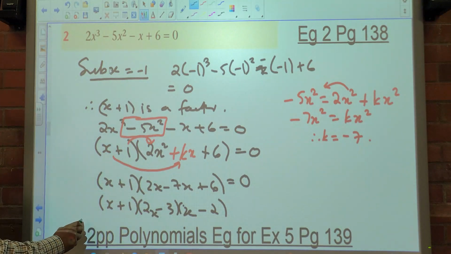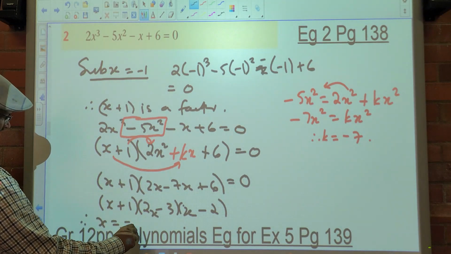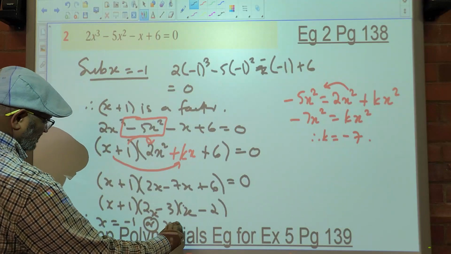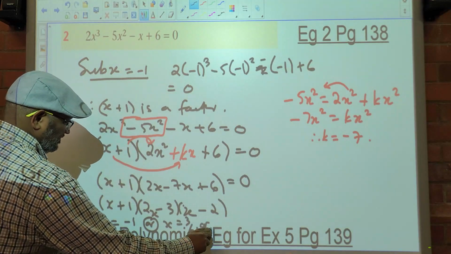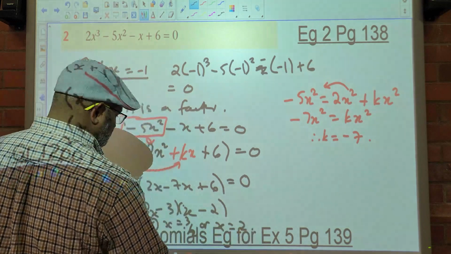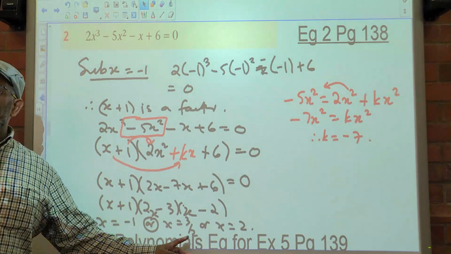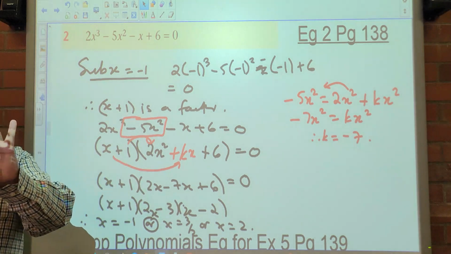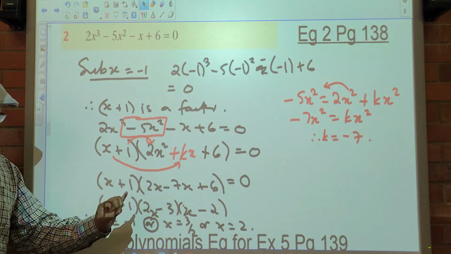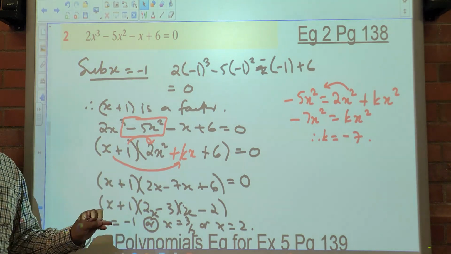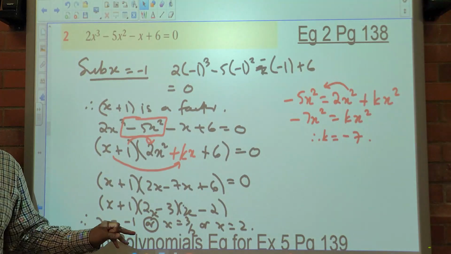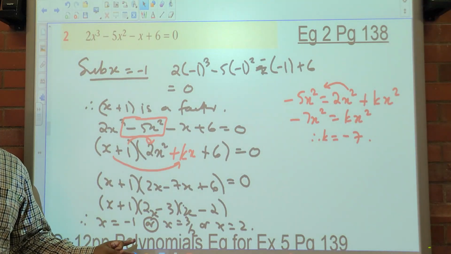So therefore, if I solve this equation, x is equal to negative 1, or x is equal to 3 over 2, or x is equal to 2. How many solutions do we have here? 3. So what can we say? You have 3 roots, they are all unequal, and they are rational or irrational?